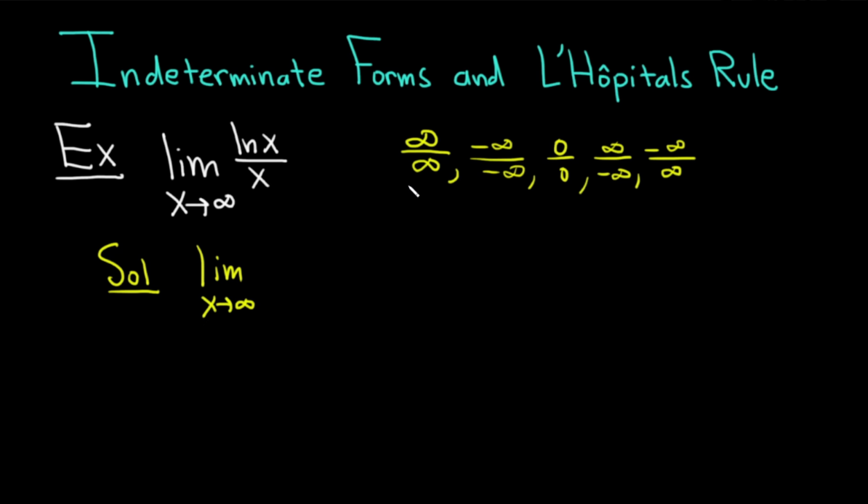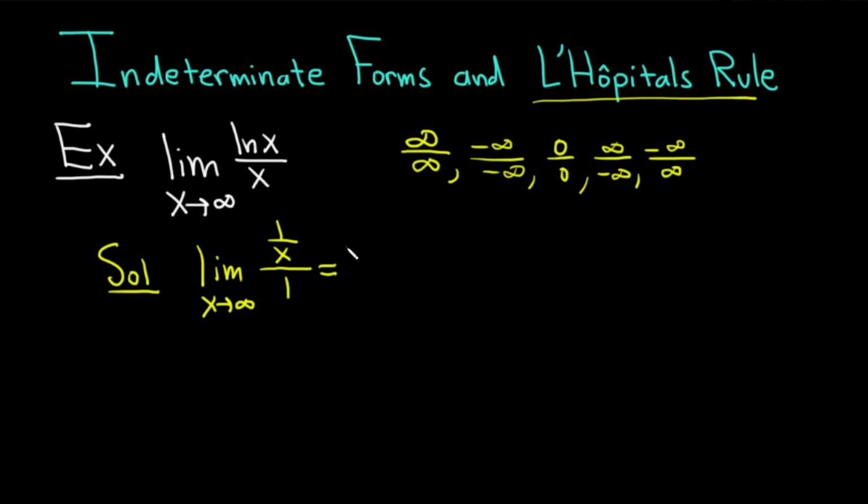And because we have infinity over infinity, basically you just take the derivative of each piece. So the derivative of ln x is 1 over x over, and then the derivative of x is 1. By the way, all of these are called indeterminate forms. There are other indeterminate forms, but it has to be these in order for L'Hopital's rule to work.